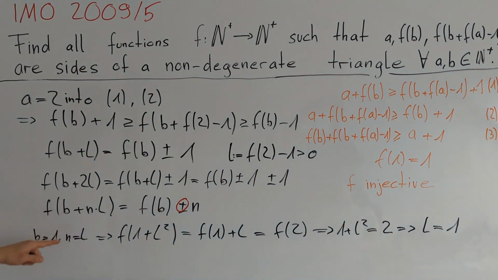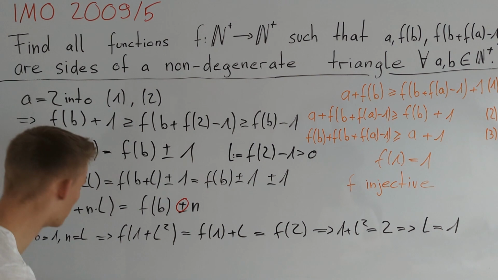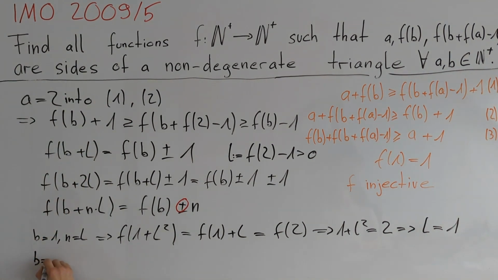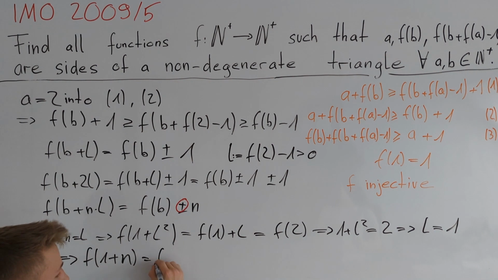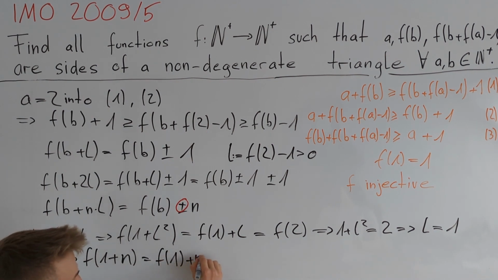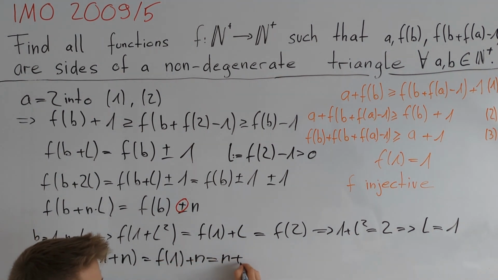Taking this equation again and plugging in b equals 1, we get that f of 1 plus n times l, which is nothing but n, is equal to f of 1 plus n, and this is equal to n plus 1.